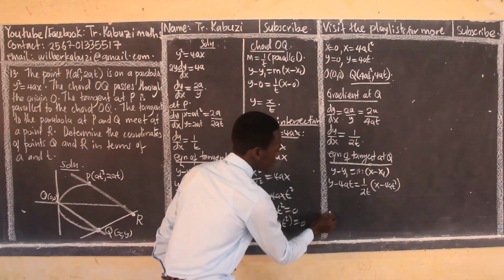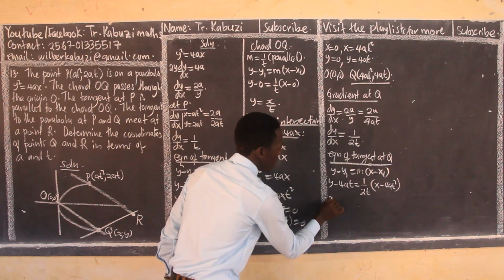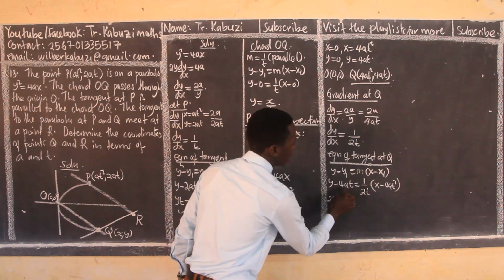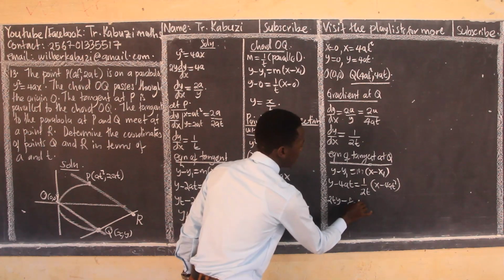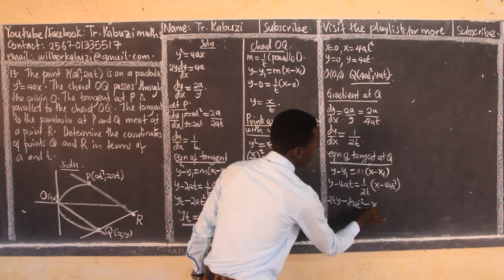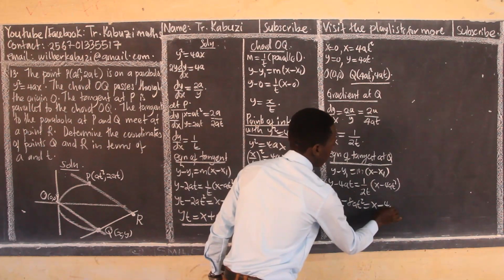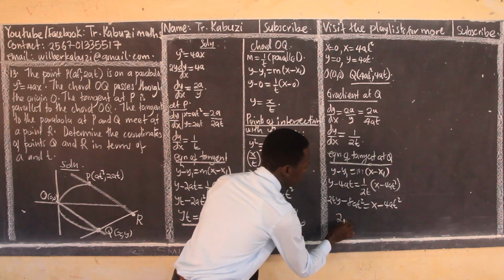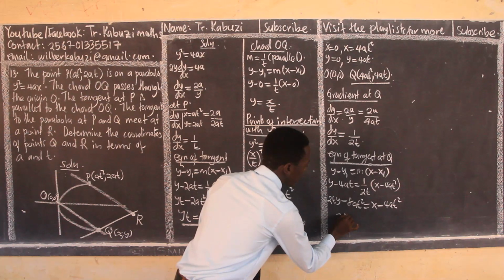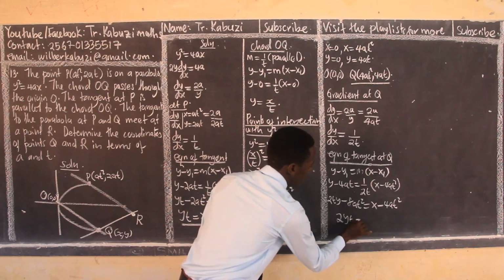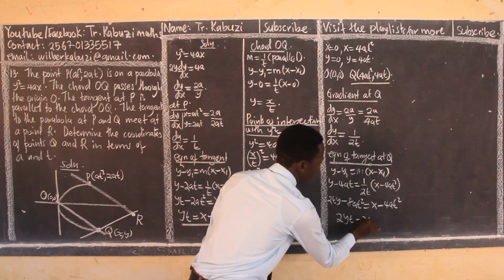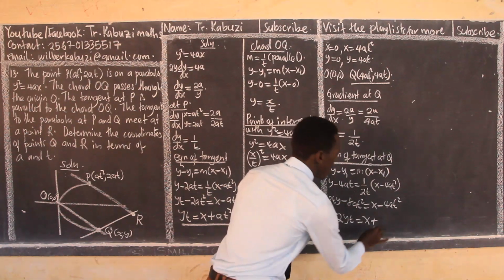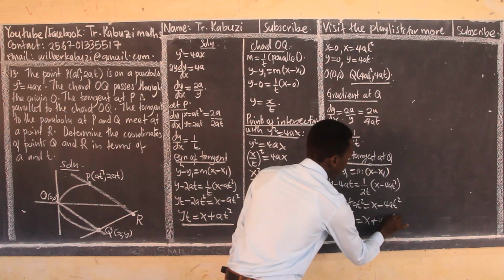Multiply through by 2t. Here you have 2ty minus 8a t squared equals x minus 4a t squared. From here, I have 2yt equaling, when I take this side, x plus 4a t squared.